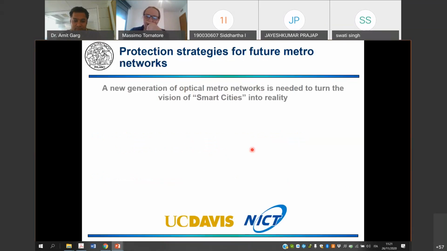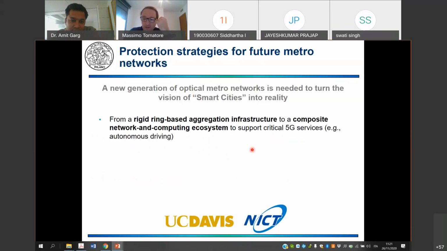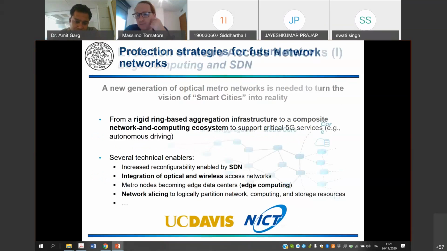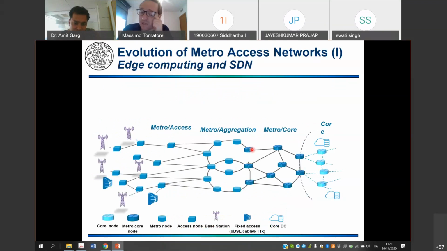On this topic, I have a project in my affiliation at UC Davis with Japan, and ICT is a Japanese institution. And here we are looking at this problem. Let me directly go to the point since we don't have much time. Today, the metro network is composed this way.